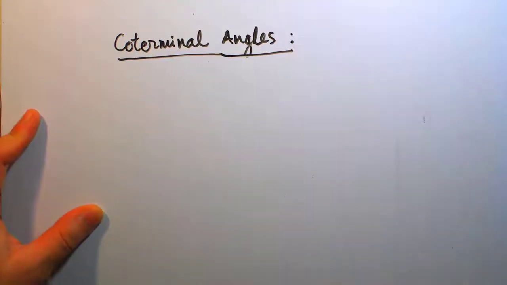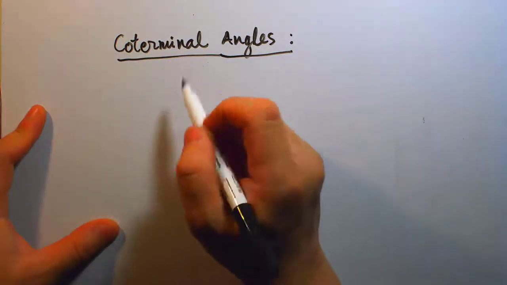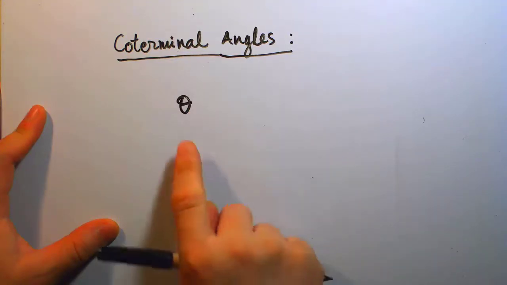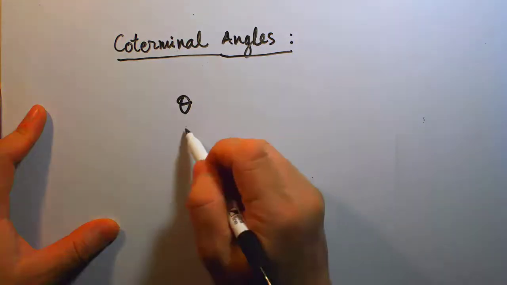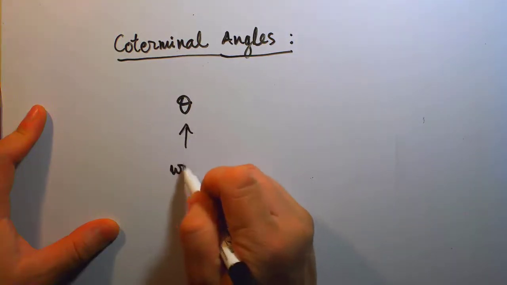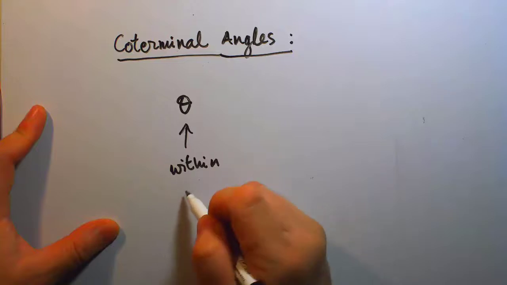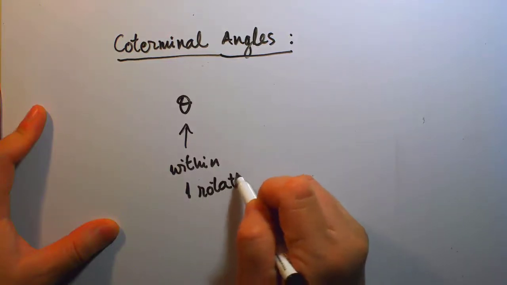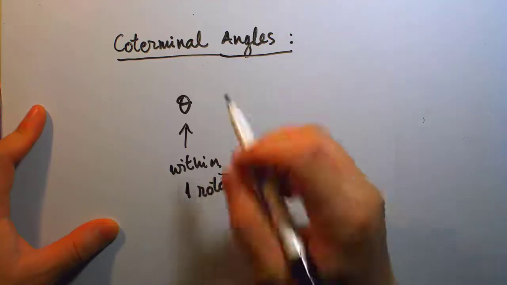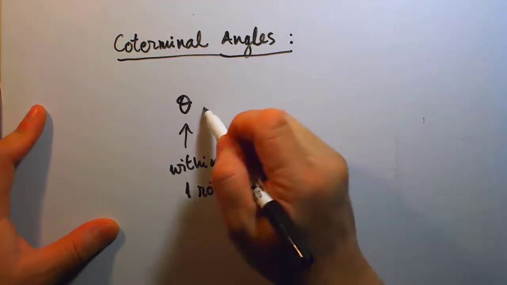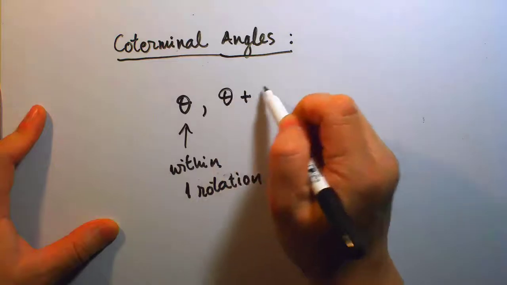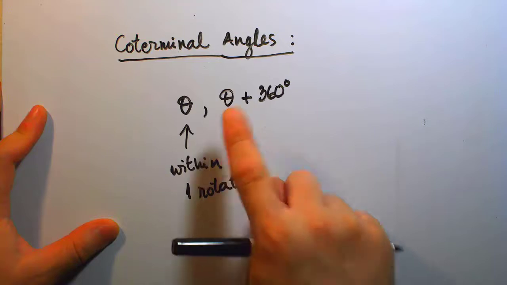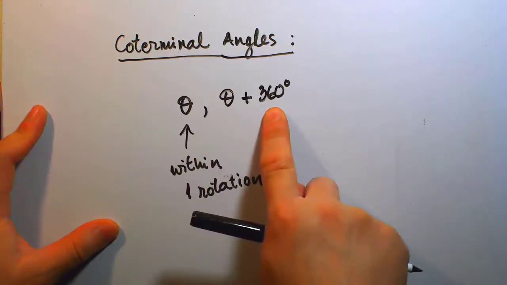Let's say theta is the angle that's within one rotation. Then you can make theta plus 360 to indicate the same angle, but one complete rotation additional.